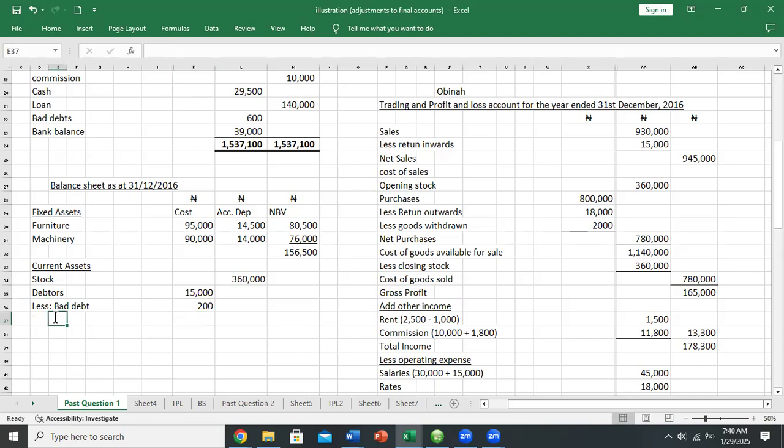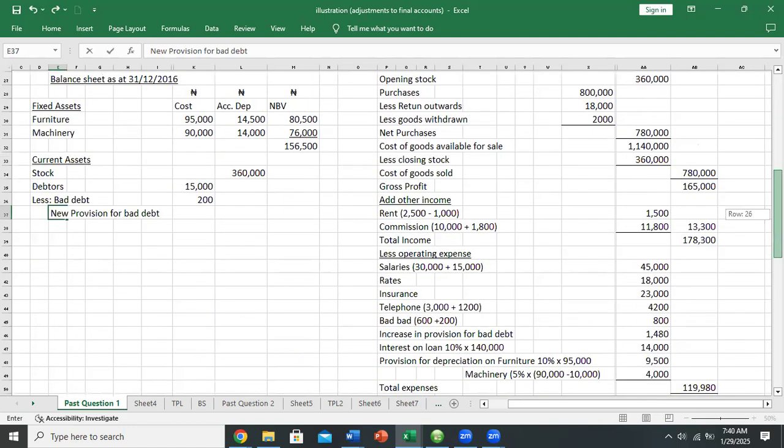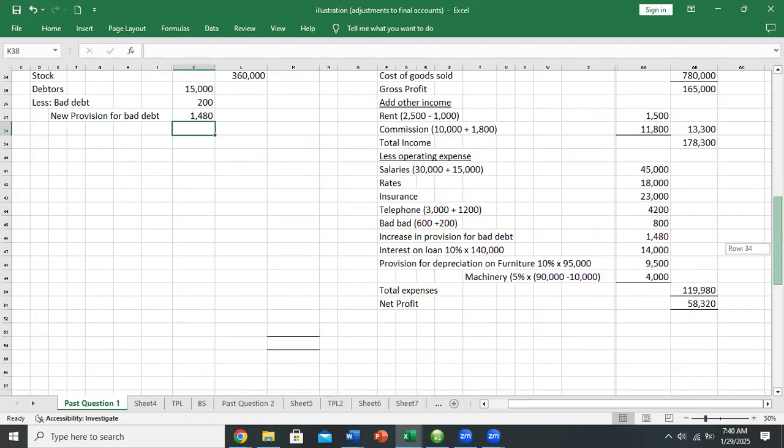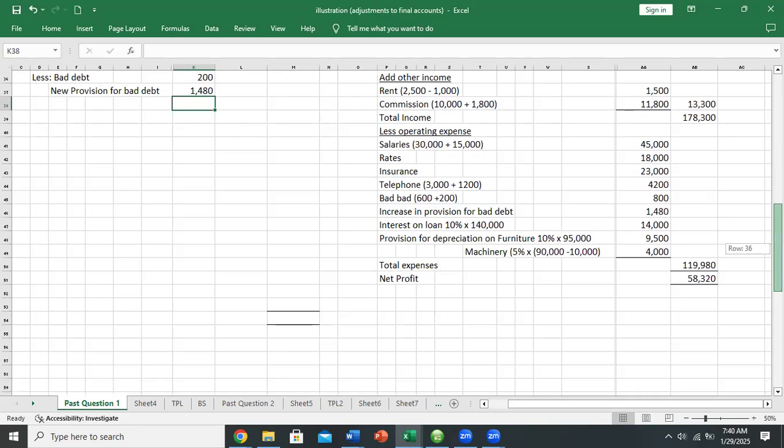Based on the analysis we did, the new provision was how much? Oh, sorry, it was 1,480. That was the new provision we had based on the analysis we did.